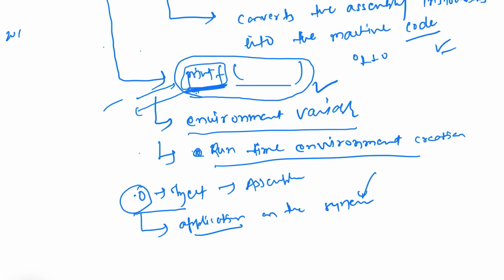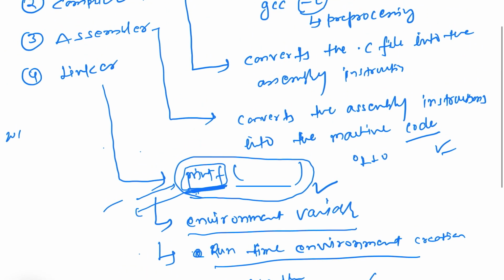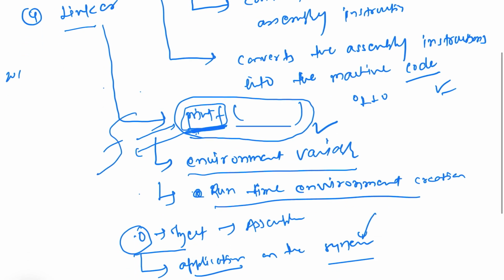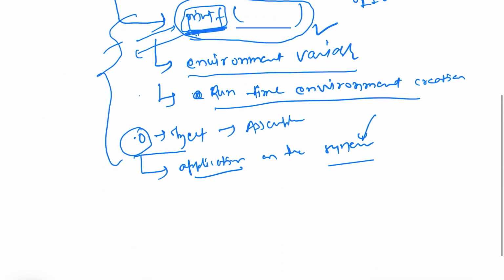Those things are done by the linker, meaning that the loader and some environment variables need to be passed to the application to execute perfectly. So at the linker, all these things are added into the object file.